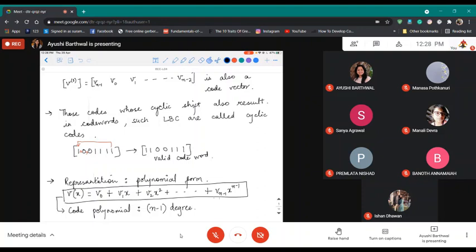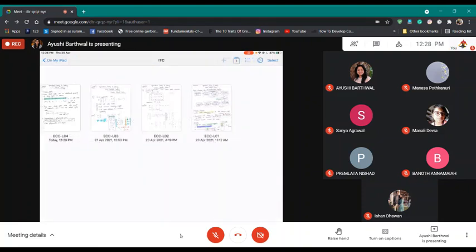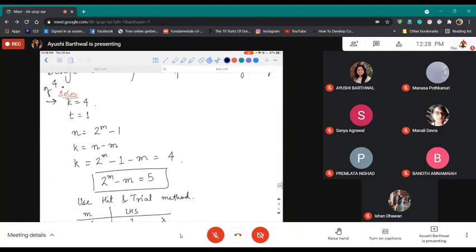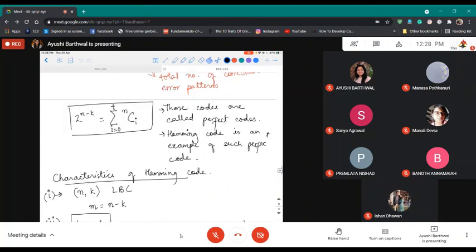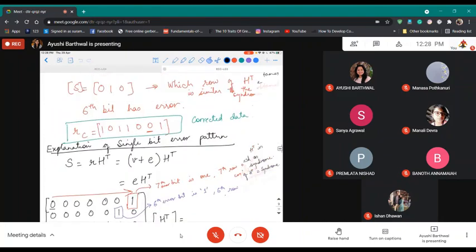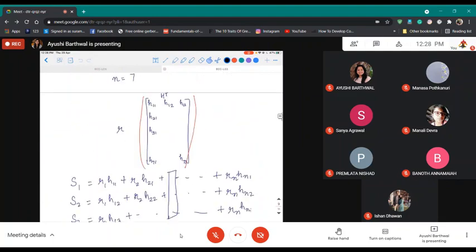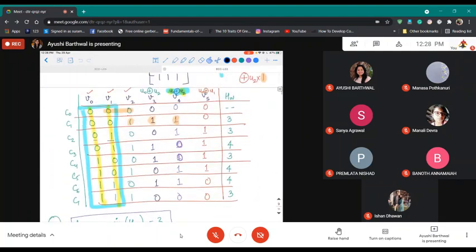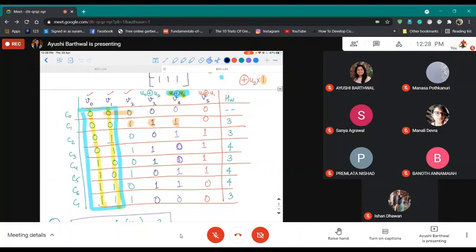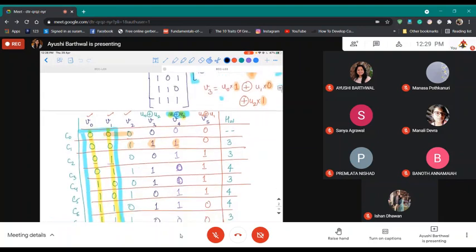So let's look at the last lecture. In the last lecture we determined code vectors for all the codes. So these are the different code vectors. You can very well see if you look at C1 and C2, they do not follow cyclic code property.